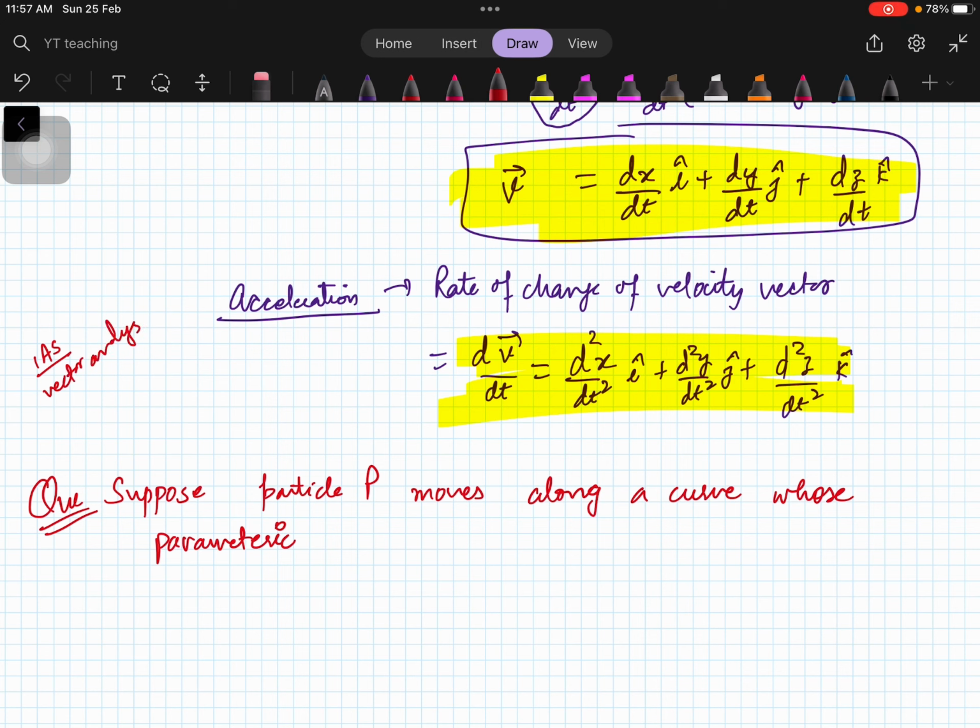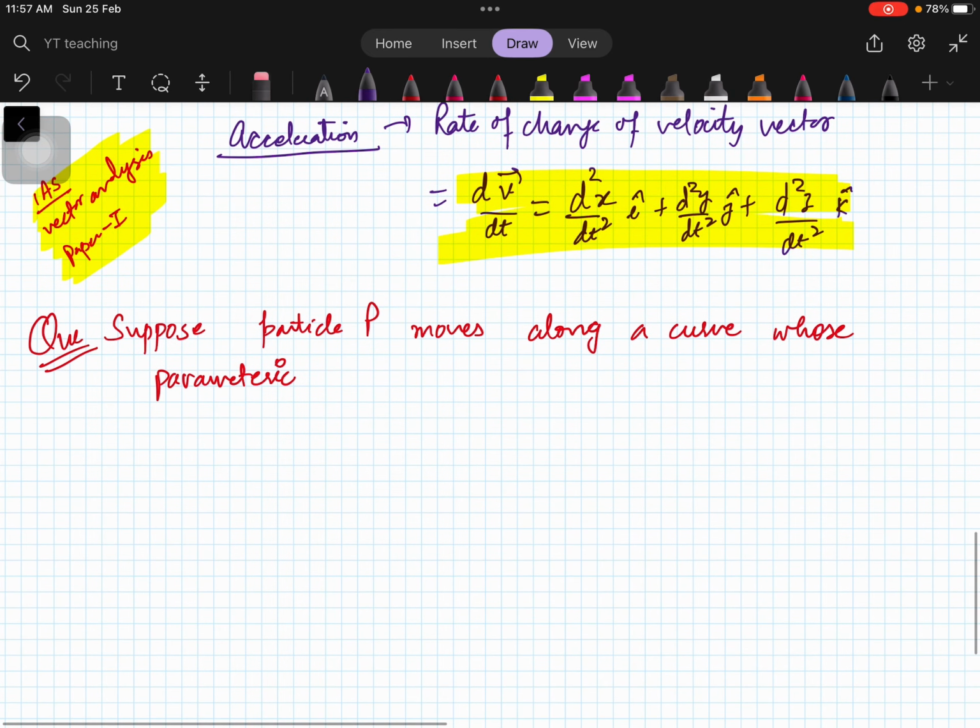Otherwise, if you are studying for any other exam, it's also good, but for IAS specifically, this is paper 1. This is one of the simplest topics which you can prepare, and it's a very precise syllabus. We are going to cover it soon.